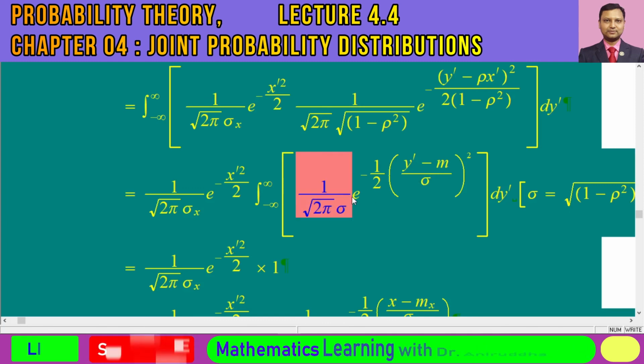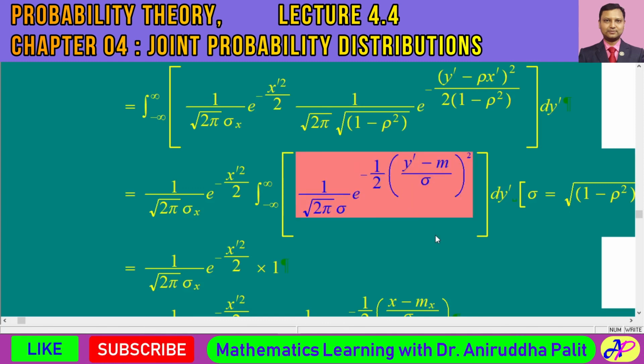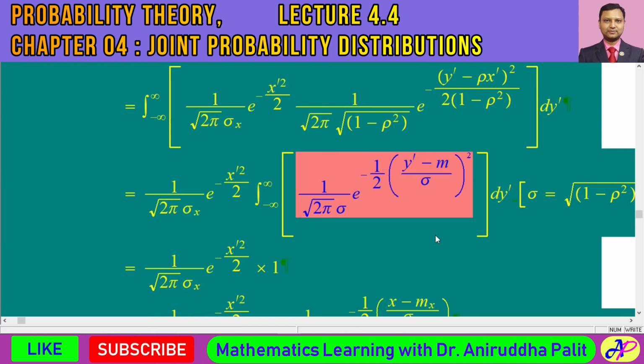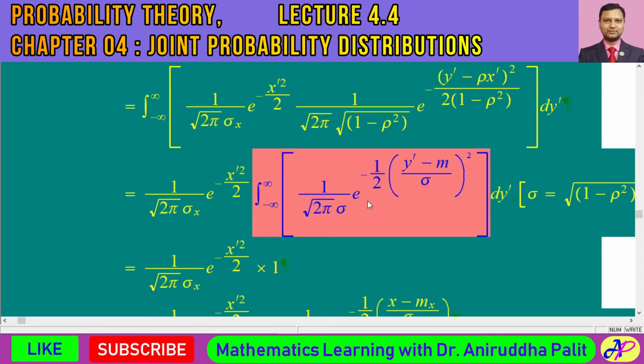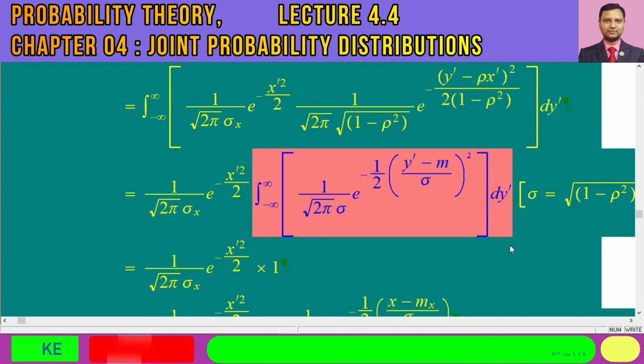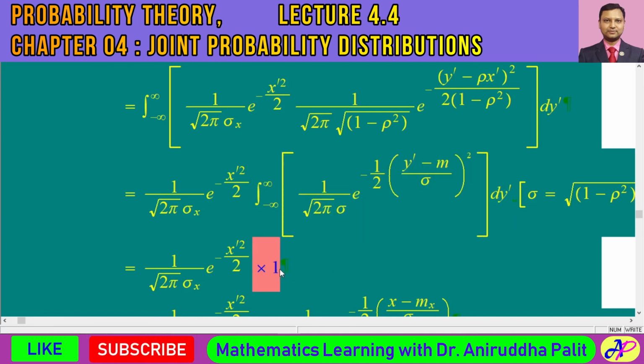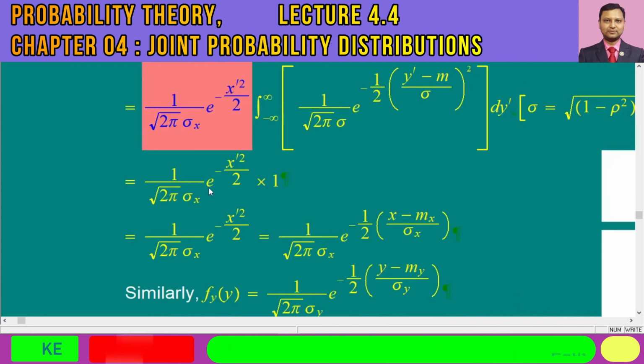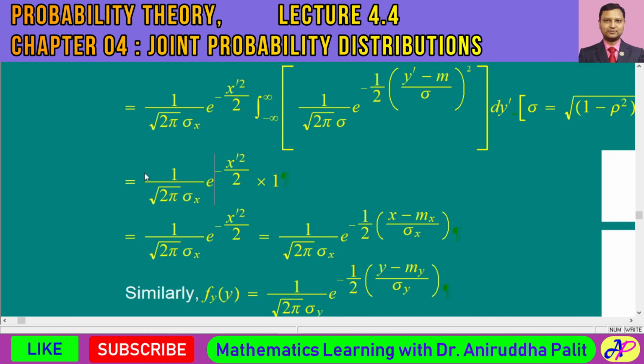And we know that this is the density function of such a normal distribution, and the integral of this kind of density function is always equal to 1. We know that the total integral of a density function is always equal to 1, therefore this value is equal to 1. So I am just putting 1 over here, and the remaining term we have outside this integral can be further elaborately written in this way.